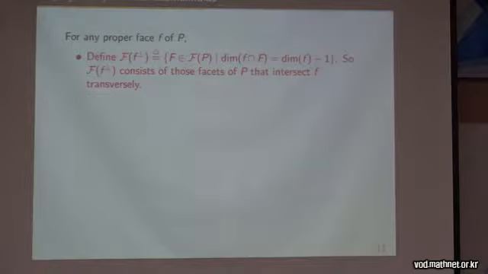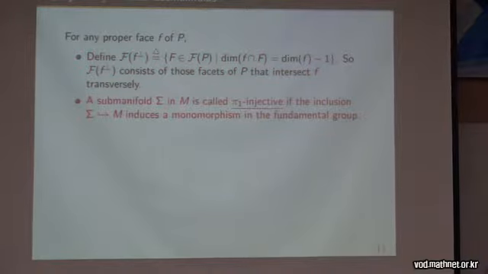First, we define the set of all facets of P that intersect F transversely, like this. A submanifold in a small cover is called pi_1-injective if the inclusion induces an injection on the fundamental group.